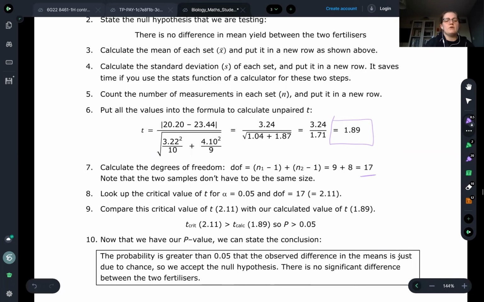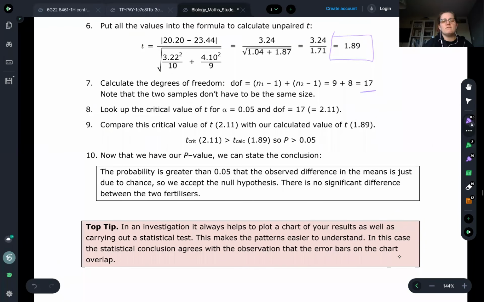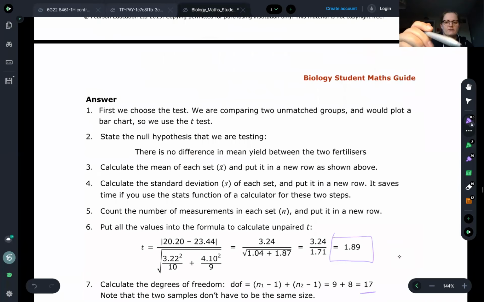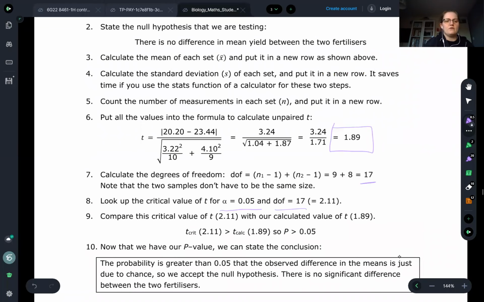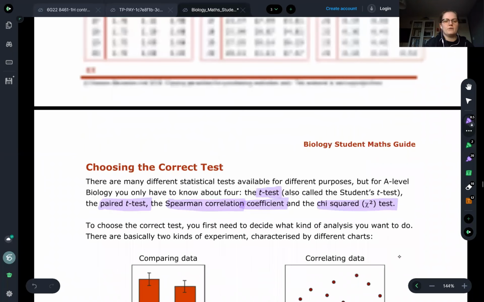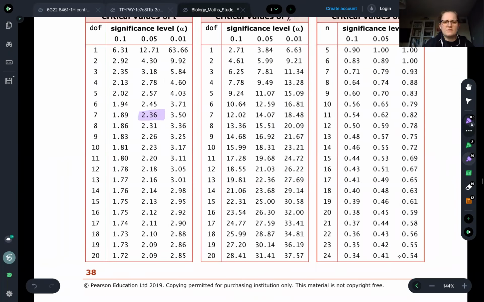So using a table, we'd look up a critical value of t for alpha equals 0.05 and degrees of freedom, which is 17. So if I can find one of them, let's go back up. What was our degrees of freedom? 17. Our value is 1.89. Here we go. Degrees of freedom was 17.